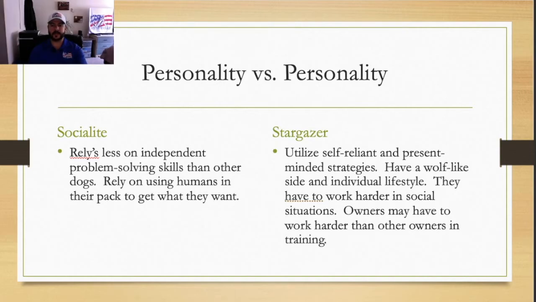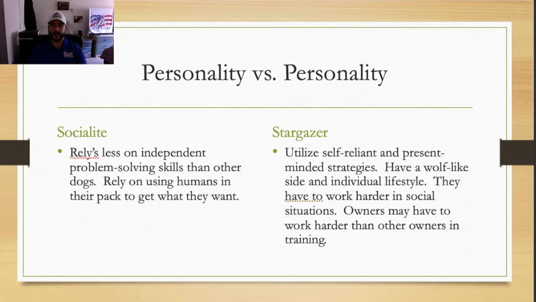Their owners are going to have an extremely hard time trying to train these dogs because you might get so far with treats in the beginning stages, but once you take those treats out, boom, it's going to go back to its individual personality and it's not going to care about you. It's not going to care about what you have to offer because the treat is now out of the equation. So now we're going to have to do things a little bit differently.